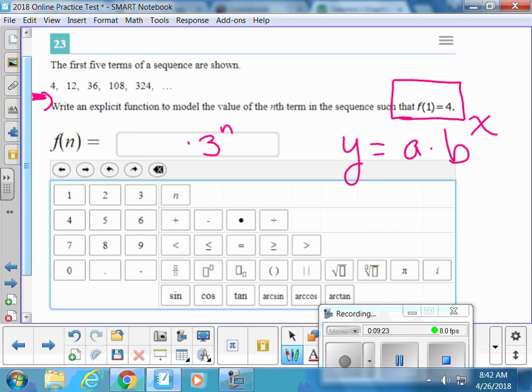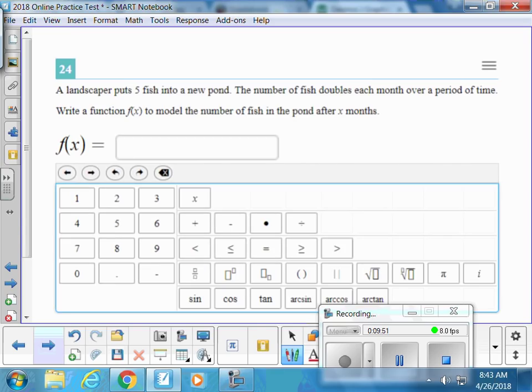So I kind of work backwards. 36 divided by 3 is 12. 12 divided by 3 is 4. And 4 divided by 3 is what we're going to use as our first term, 4/3. Then if you try putting a 1 in for n, it will give you the right first term of 4, or f of 1 term. So very, very tricky. But that is the correct answer for 23.